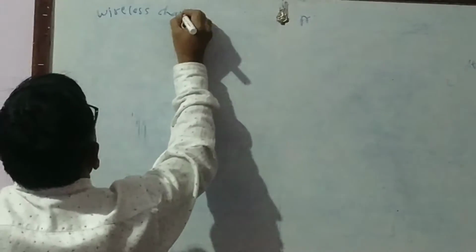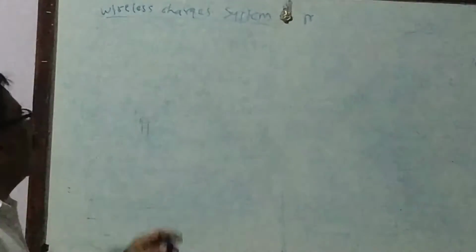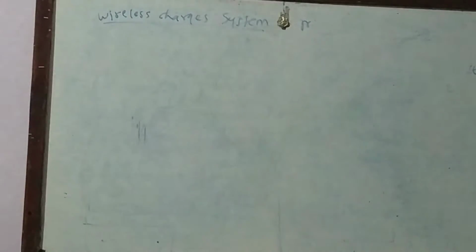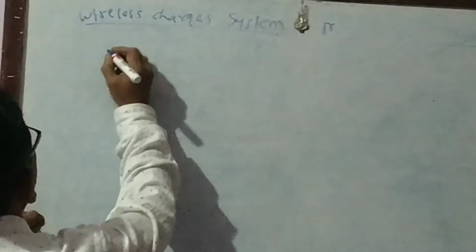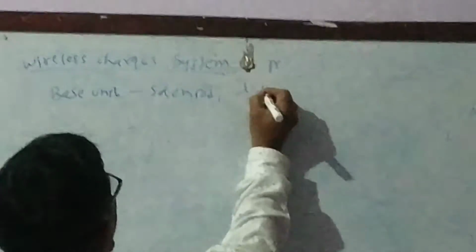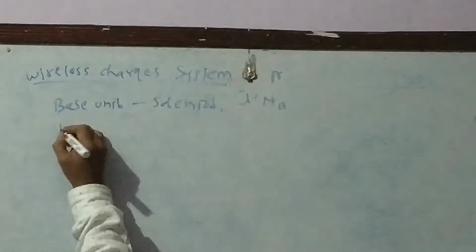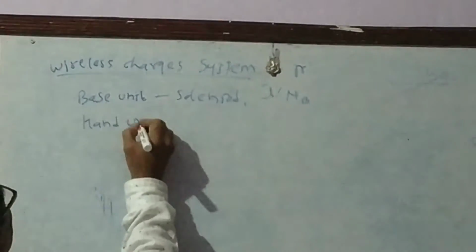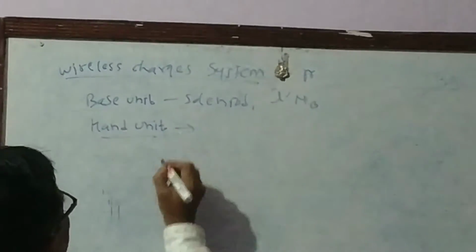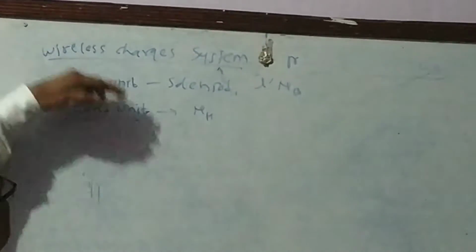In a wireless charging system, the base unit is used as a solenoid having length L, and NB is the number of turns of the solenoid. The hand unit, or handle, has NH turns and is surrounding the base unit.